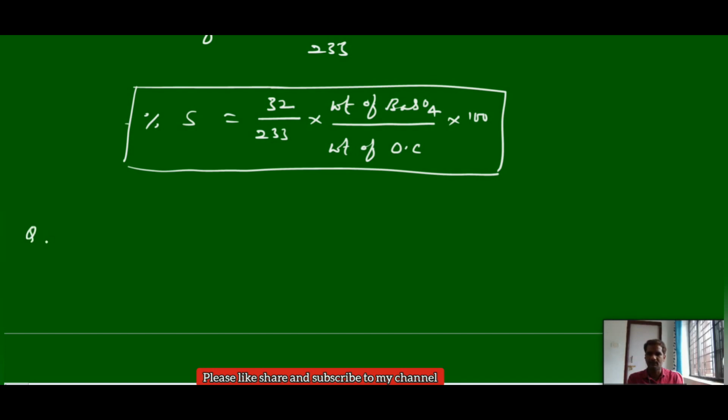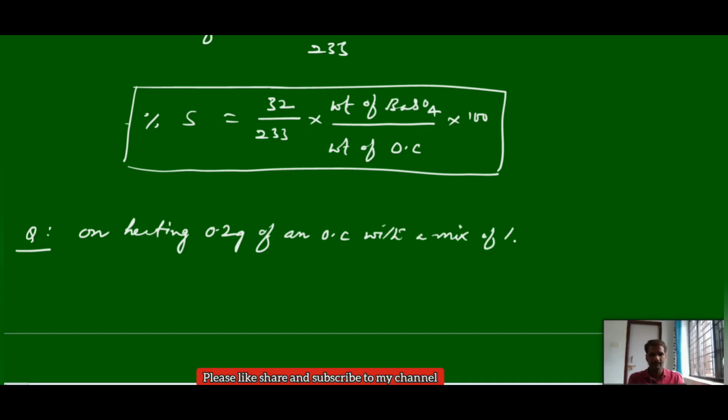So here also we can have a basic question. On heating 0.2 grams of an organic compound with a mixture of barium chloride and HNO3, 0.466 grams of barium sulfate was obtained.